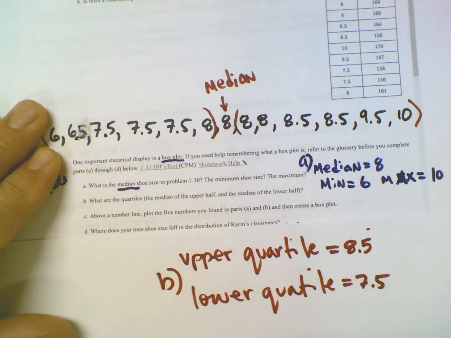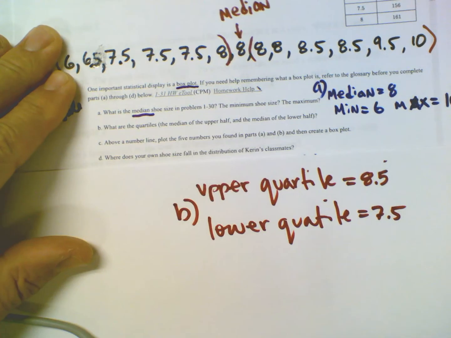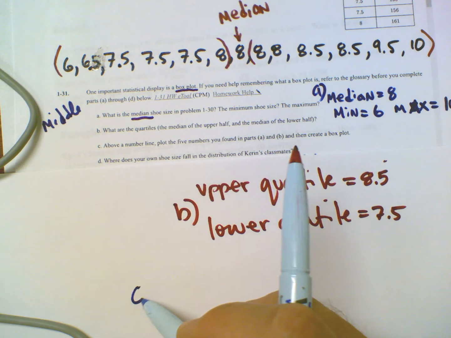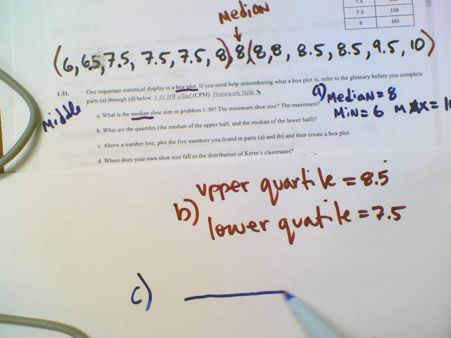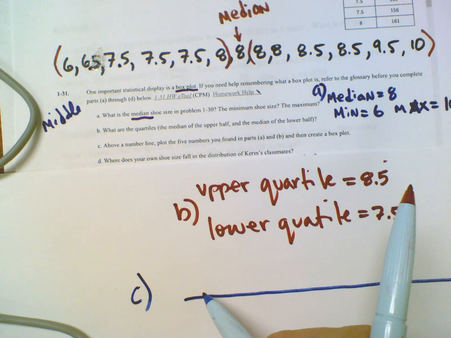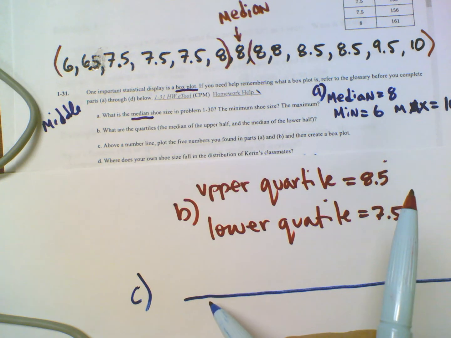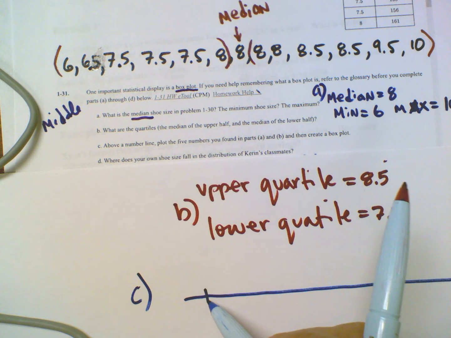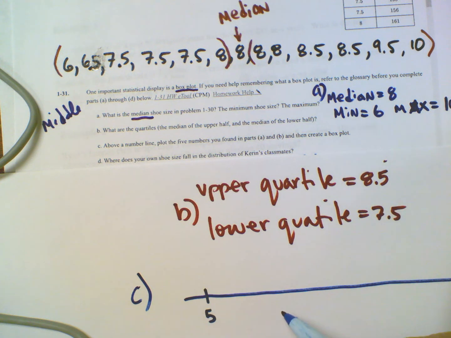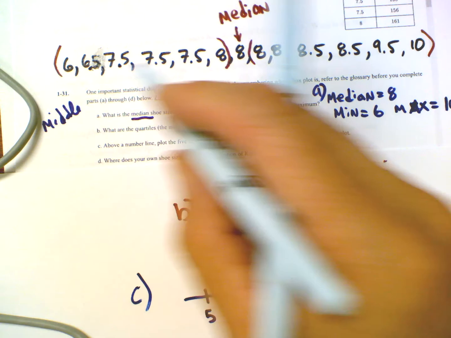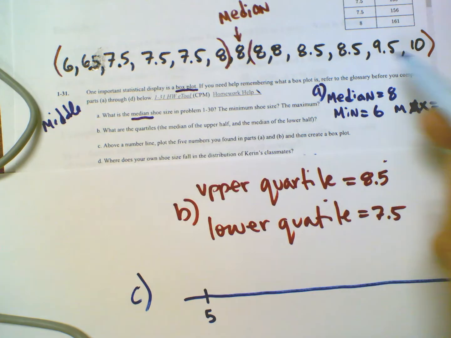So above a number line, this is making the box plot. So here's how you make a box plot. You take a number line, and because our lowest data is 6, I'm going to start with 5. Really we're looking at numbers that are pretty close.